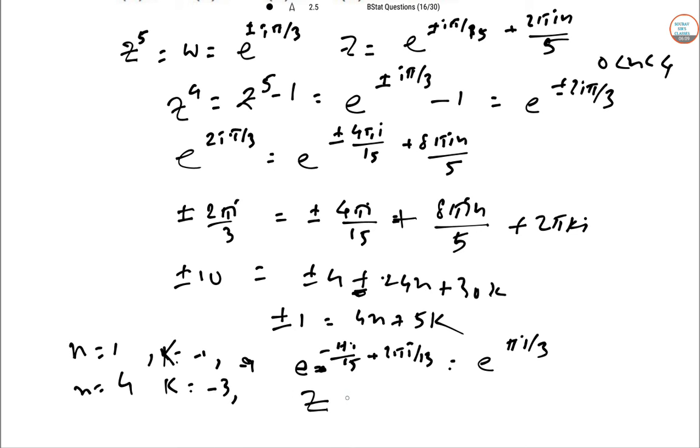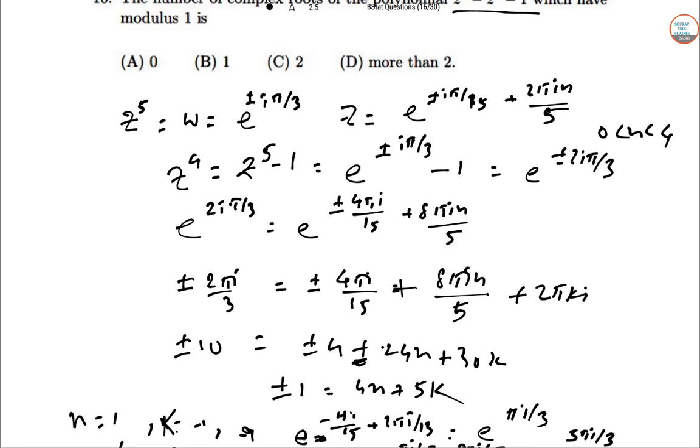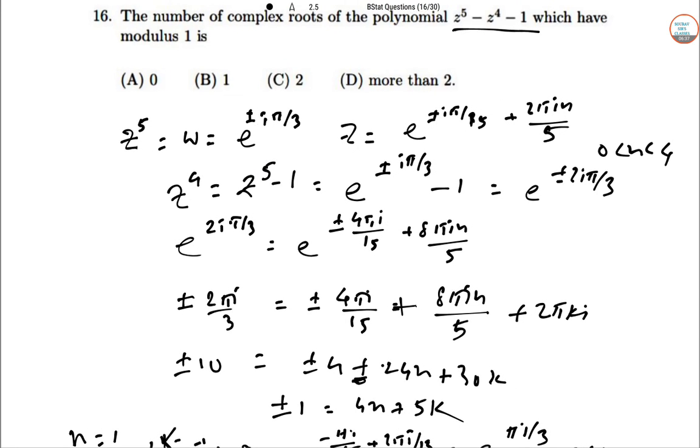So solving, z is e to the power pi i by 15 plus 8 pi i by 5, okay, so e to the power 5 pi i by 3. You can calculate this. So there are two possibilities. So the number of complex roots is 2.